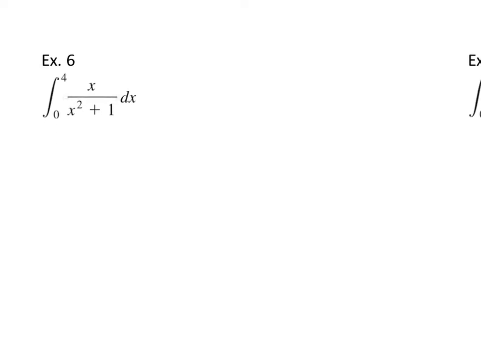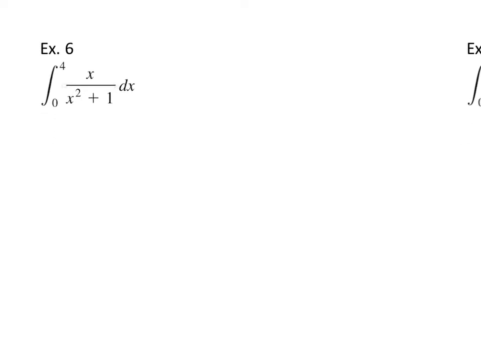The first thing I want to do in example 6 is identify what my u is going to be. I do notice that I am doing a definite integral. My numerator is x to the first, and my denominator is x squared plus 1.